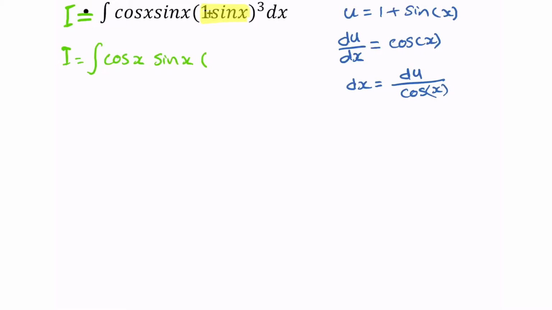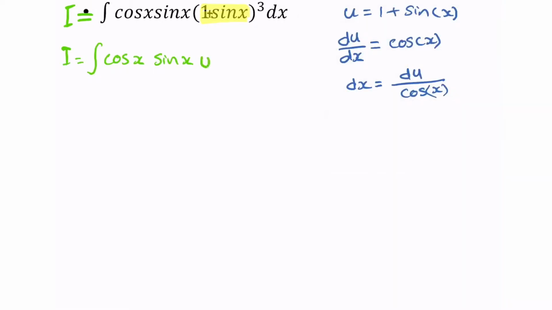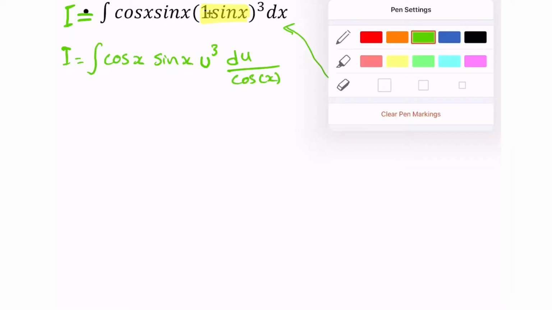Yeah? So I don't need the bracket here. U to the power 3. And instead of dx, I will use this term, so there's going to be du over cosine x. I hope you're okay so far.